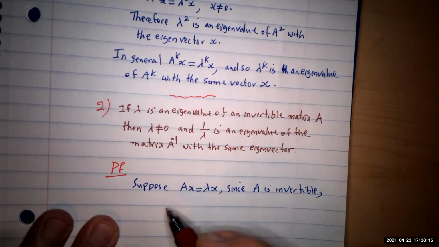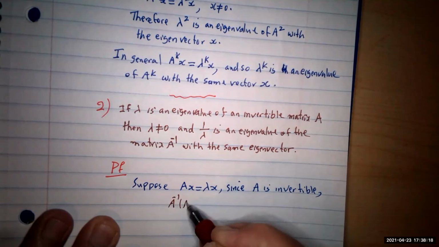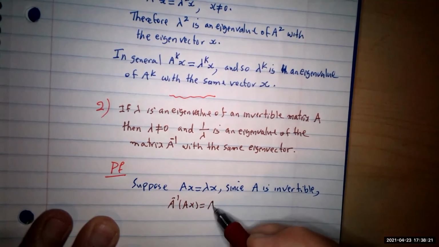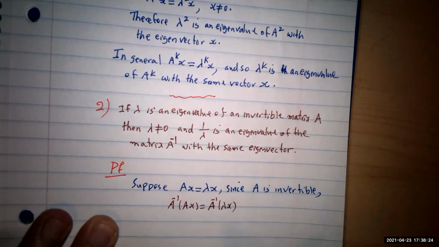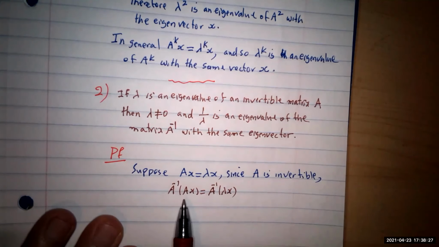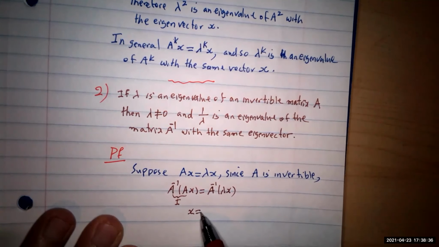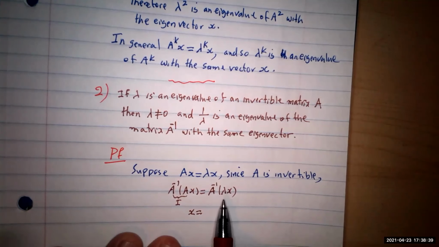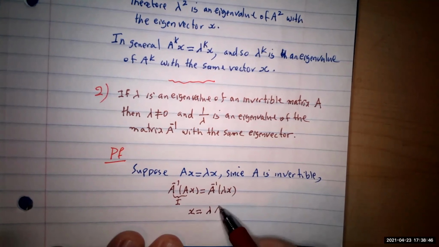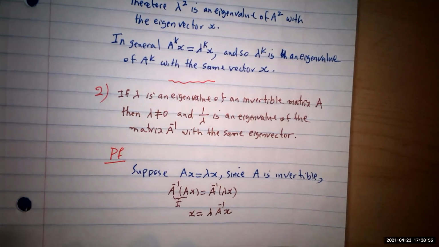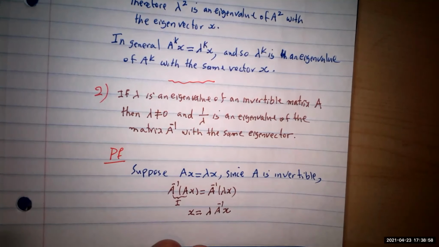If we multiply both sides by A inverse, we have A inverse of AX is equal to A inverse of lambda X. You know that A inverse times A is going to be identity, and identity times X would be just X. Over here, lambda is a scalar, and A inverse is linear, so you pull out the lambda, and it is lambda times A inverse of X. Okay, so this is the situation we're going to have.